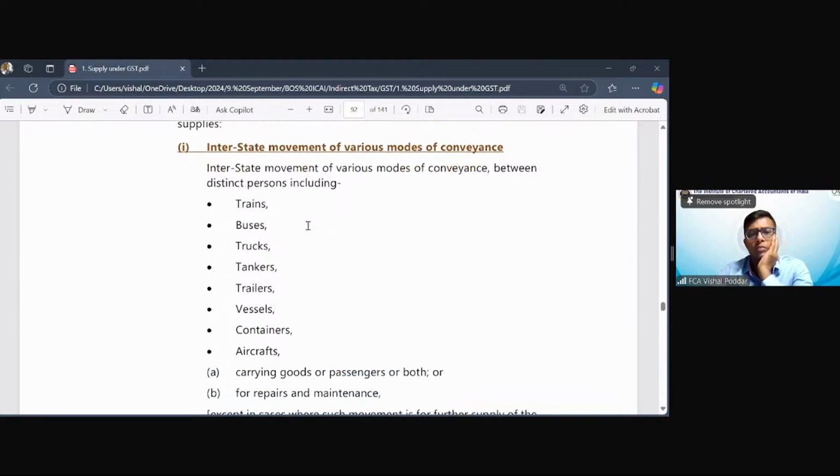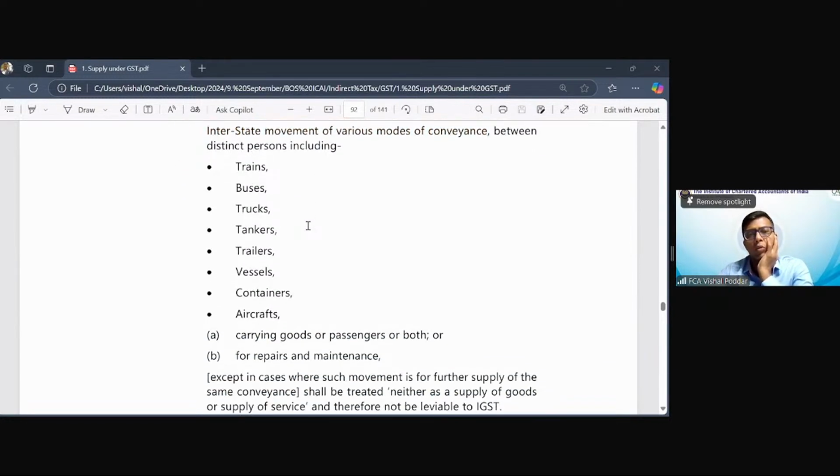So all these transporters who are using these different mediums, like railways are using trains, I am using buses, then you have goods transporters who are using trucks, tankers, trailers, and then people who are in the shipping business are using ships. A ship costs in crores. Then people who are in the airline business are flying. In fact, their aircraft is flying in multiple states in a day. It is covering 4 or 5 states.